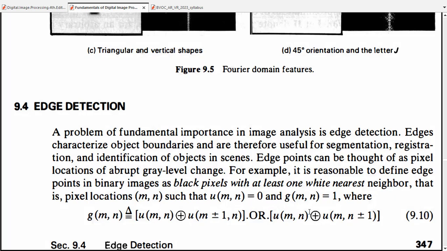g(m, n) = 1, where g(m, n) is given by an equation: u(m, n) convolved with the sum of u(m plus or minus 1, n) or operator u(m, n) convolved with u(m, n plus or minus 1).